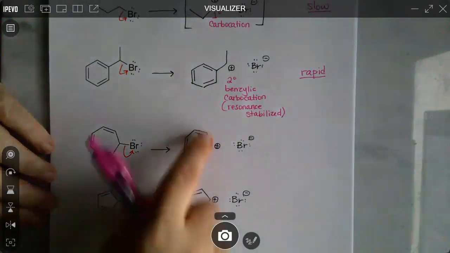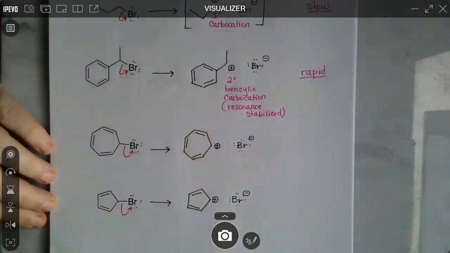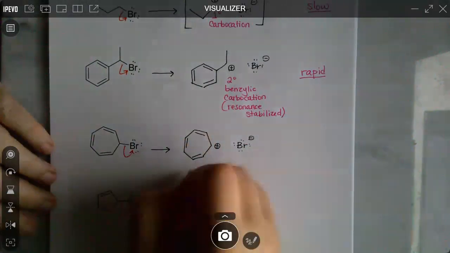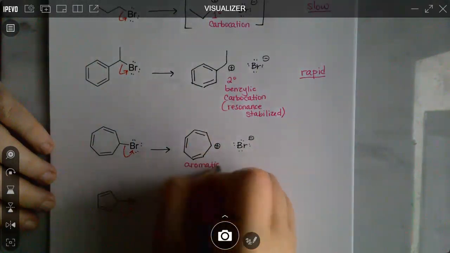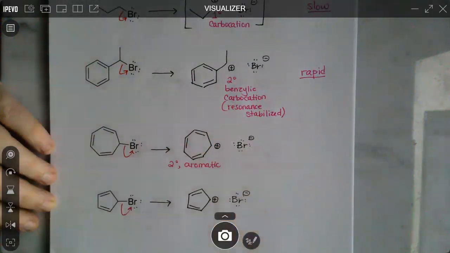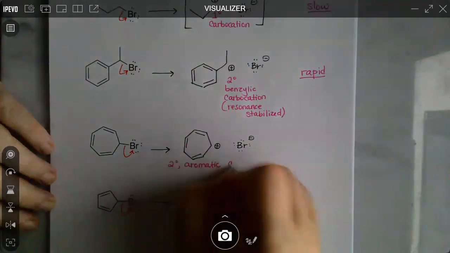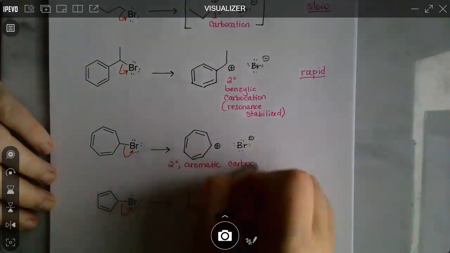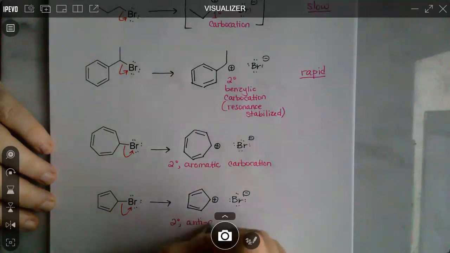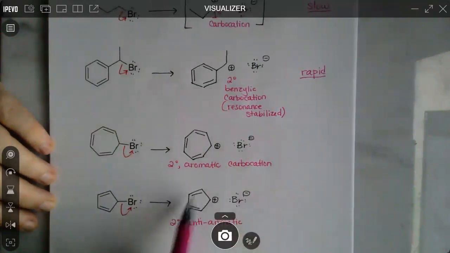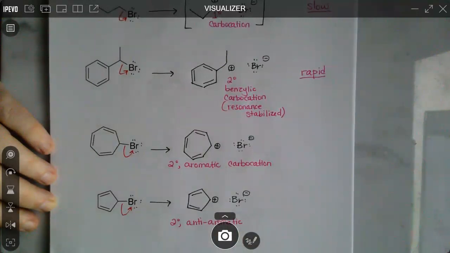Well, we have 1, 2, 3 electron pairs, right? So this is a secondary and aromatic carbocation, and this would be a secondary and anti-aromatic carbocation, because there's only 2, which is an even number of electron pairs.